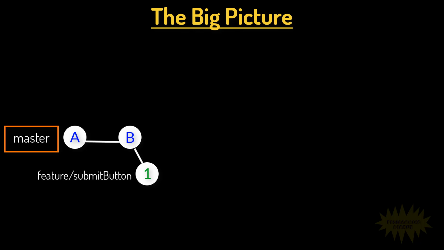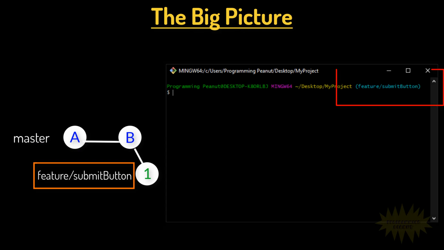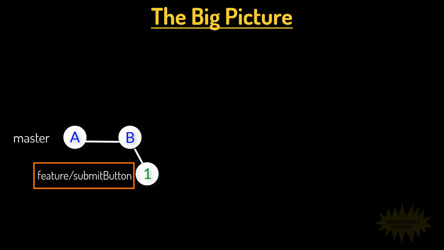Now that you've created this new branch, you will want to switch over to it. Now you can start writing your submit button code. Once you're finished, you're going to want to merge your new code back onto the master branch so that master has the latest and greatest code.